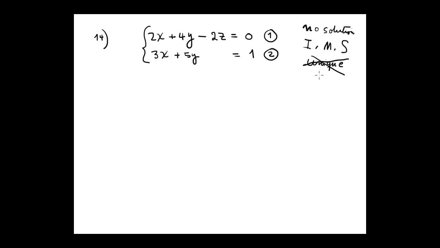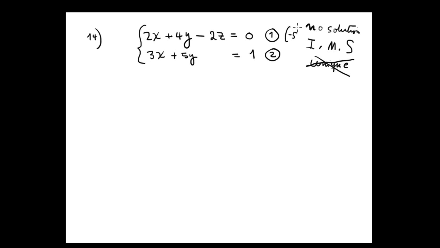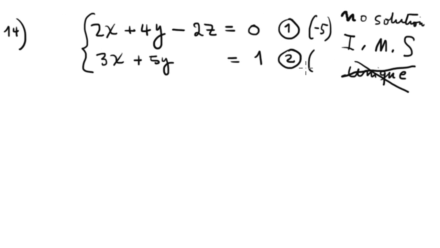Okay, so now I propose, for example, multiplying the first equation by negative 5 and the second equation by positive 4. The strategy is clear because negative 5 times 4 is negative 20, and 4 times 5 is positive 20. So it's ready for elimination.